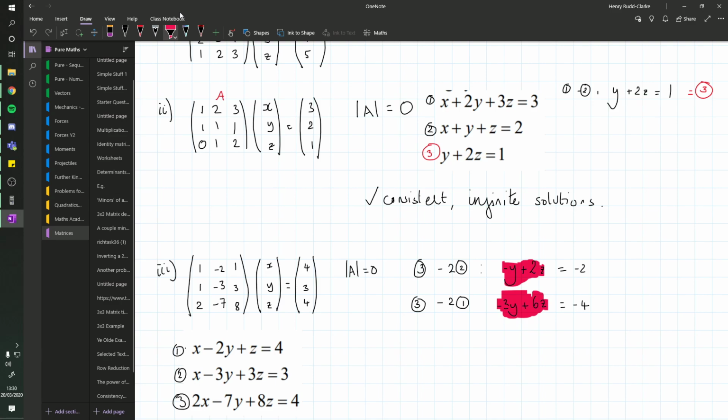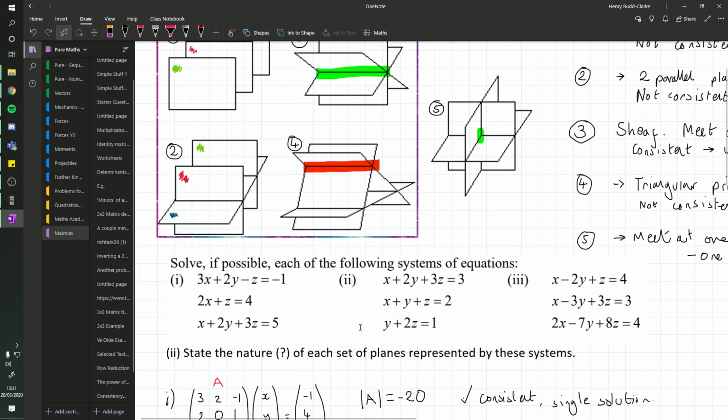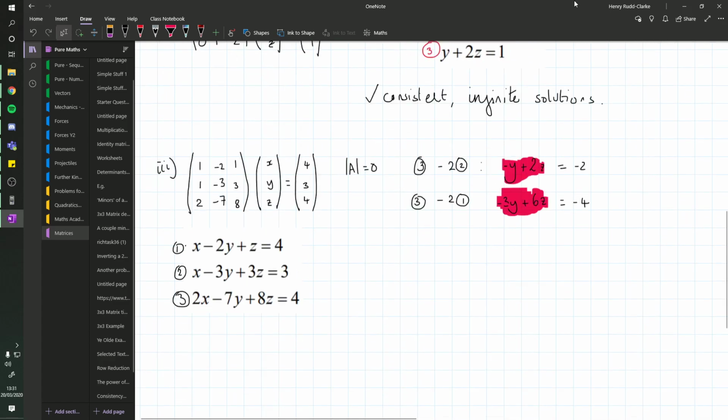So these are 3 times each other, but here these are not, which means these two lines are parallel, but they are not the same line. So if we start looking at our diagram, what we actually have in effect here is this situation. These two lines are parallel, but they are not the same.